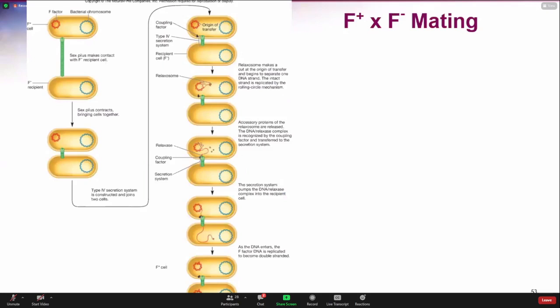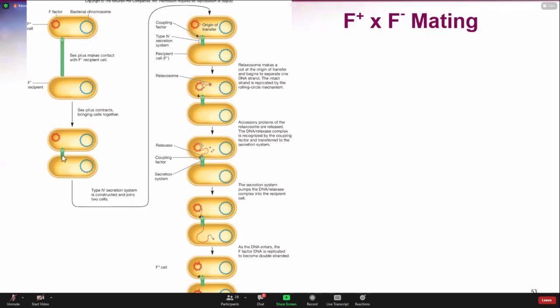Now, once this F factor is found within the cytosol, whether part of the chromosome or not, we're going to look at both situations. First, if it's outside of the bacterial chromosome, the genes on the F factor will be transcribed and translated, and the resulting proteins would be used to synthesize this sex pilus, made up of the pillin protein.